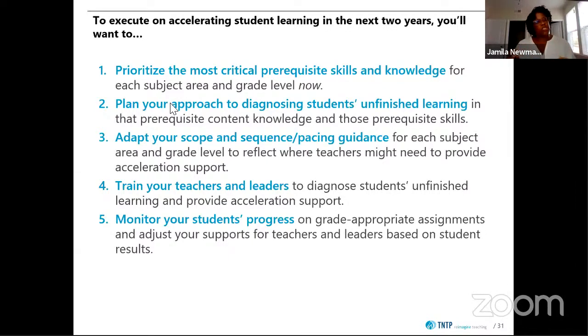It is a strategic selection of what you're going back to revisit, and it's a real clear focus of being applied in the right way. So if you are doing accelerated learning, you are going back to recapture content from previous grades, but it has to be immediately applicable to what students are going to be learning currently in their grade level.